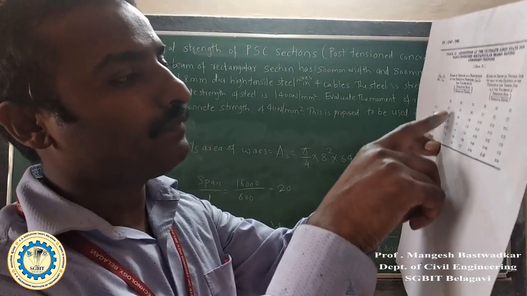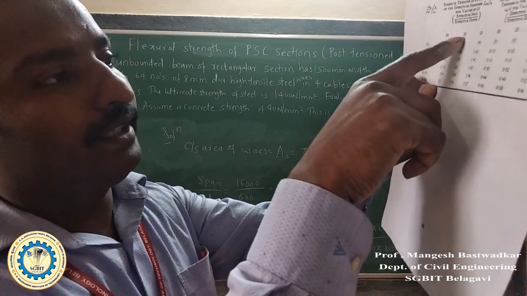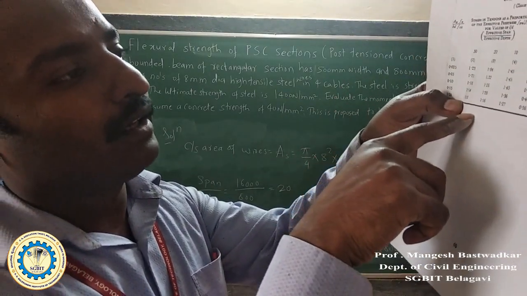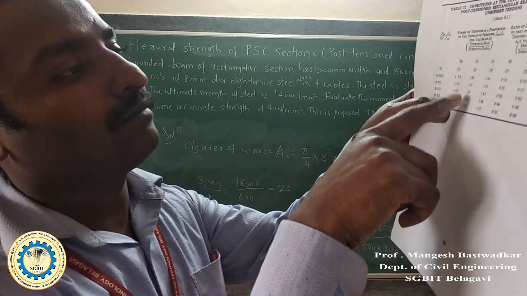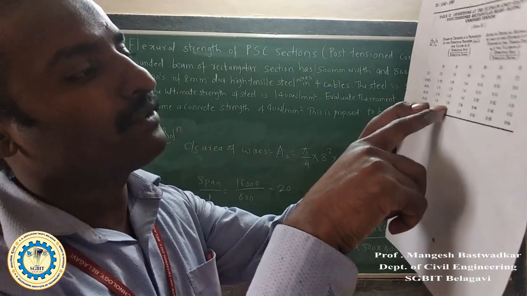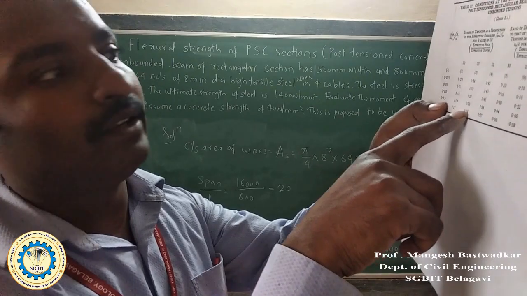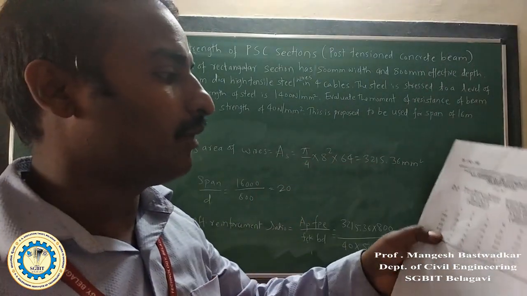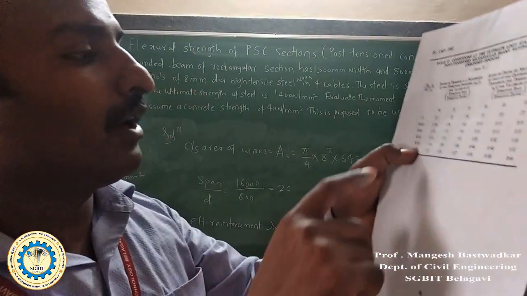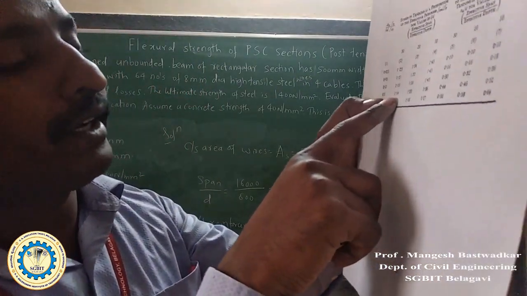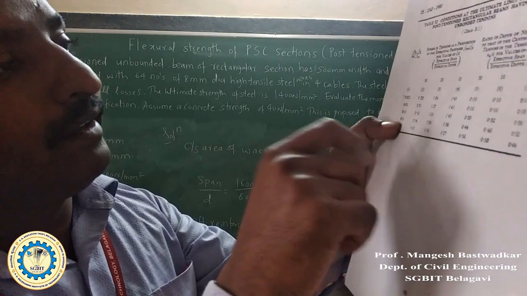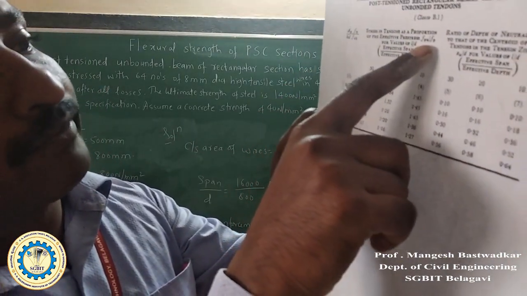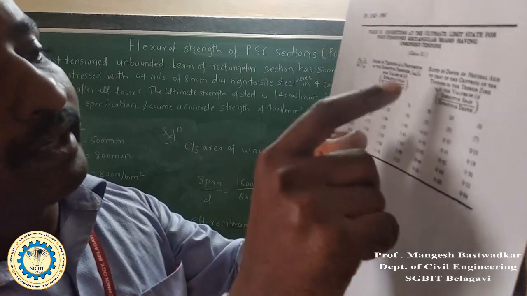Then you can see in the second column, for 0.16 we have to interpolate these values. Okay, so now we will interpolate these values. For 0.16 reinforcement ratio, we require the FPU by FP value and XU by D value.